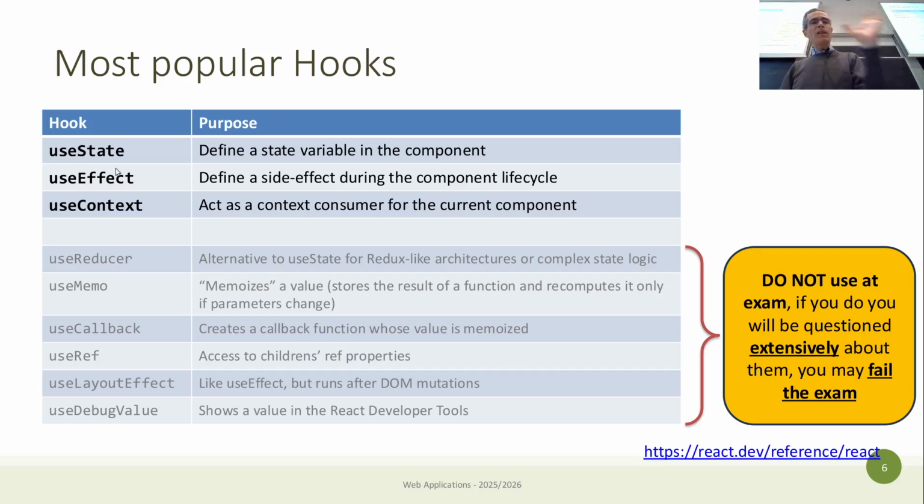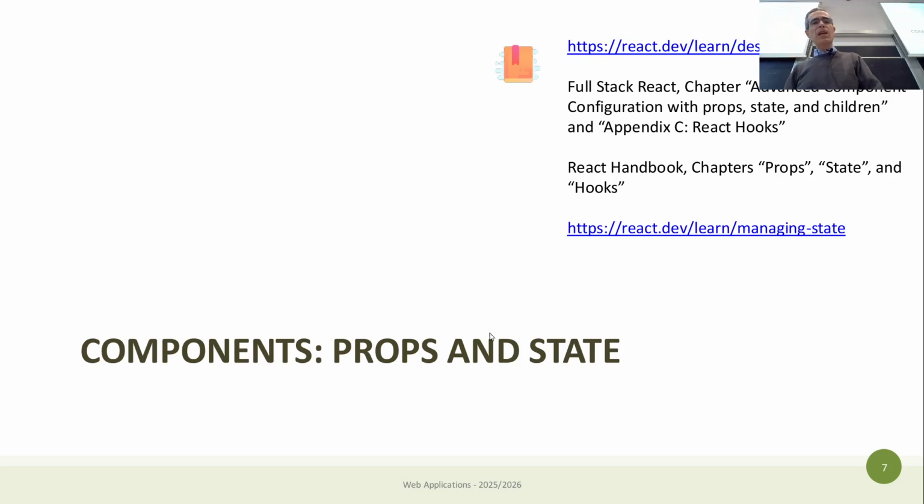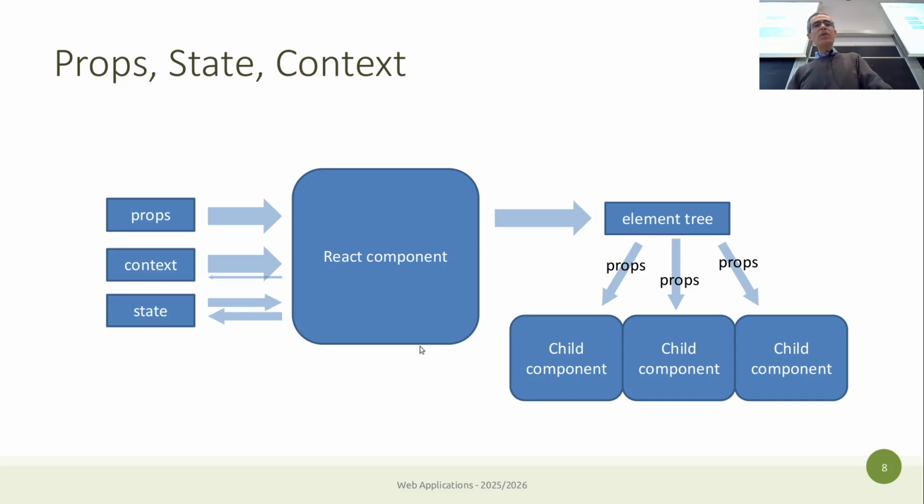Okay, good. So, given this warning, let's have a look at the useState, okay? So, in particular, the state. This is just a schema that shows you how a generic component is supposed to work. This is a React component, the pure function that we defined last time, and we will define other functions today, carrying on with the example, question and answer, that we usually develop during the lectures. And we know that the React component is called using props as parameters. So it's an input to the React component, and it gives a result, this element.